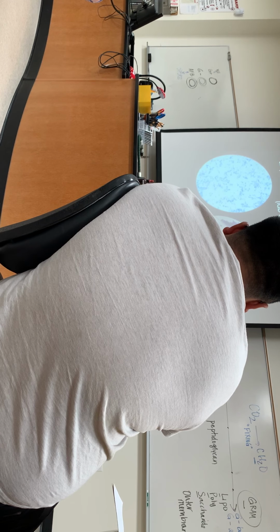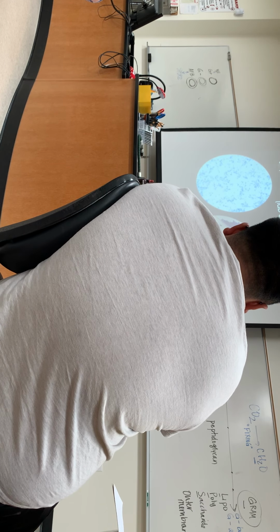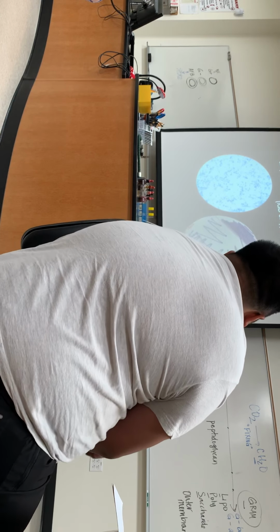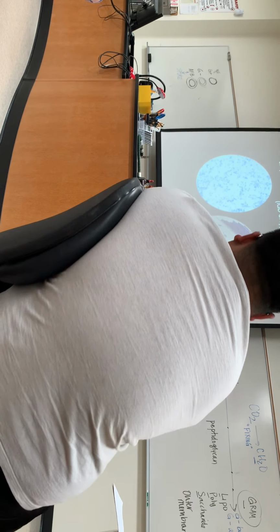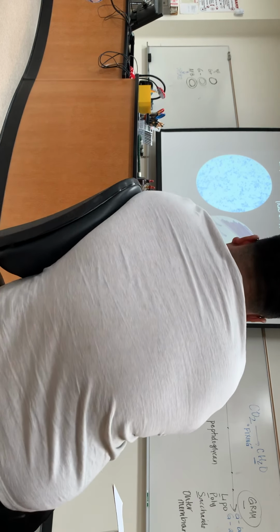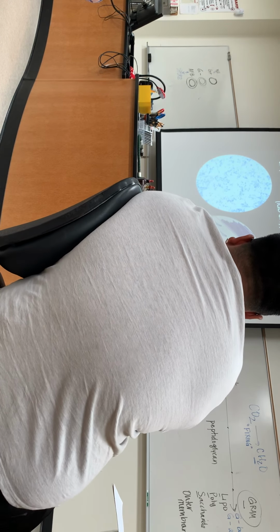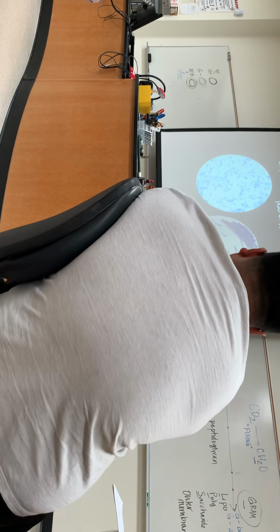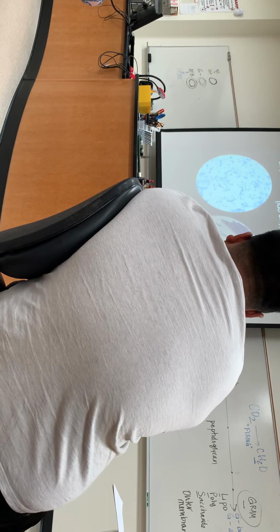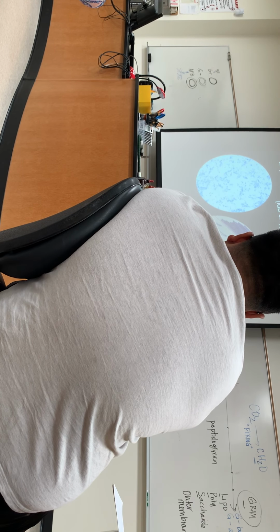Notice I do not overlap my streaks at all. I do this over, over, over, all the way to the end of the plate, but I don't want to touch the side. If I touch the side, they'll actually grow around the outside of the plate. So what I have done is taken some of the bacteria and spread them out. Now I sterilize it again, and I take my sterile loop, and I only go back into the second area, right?